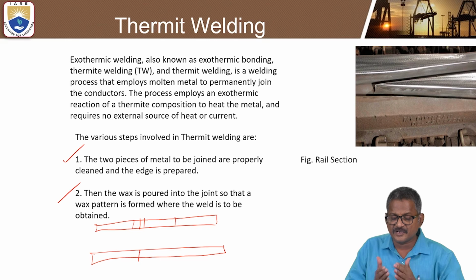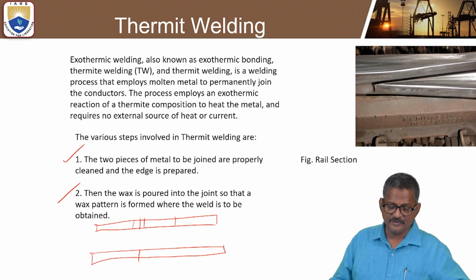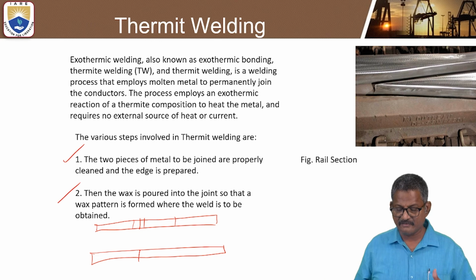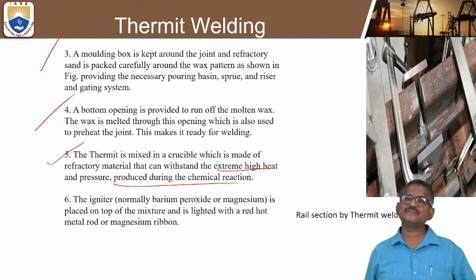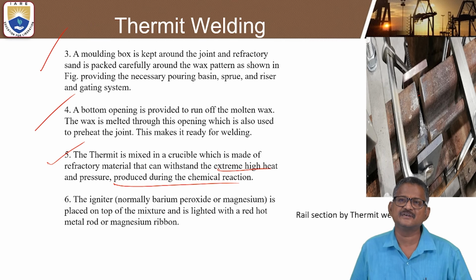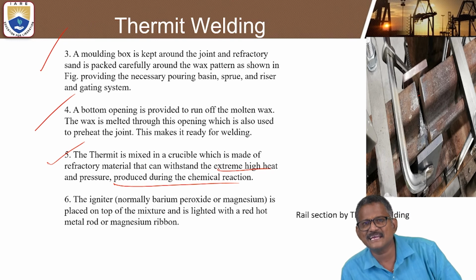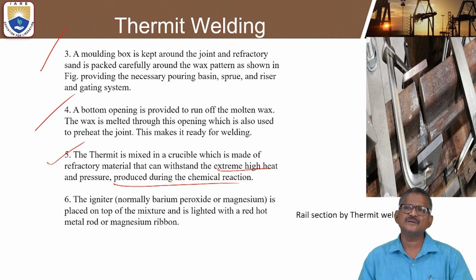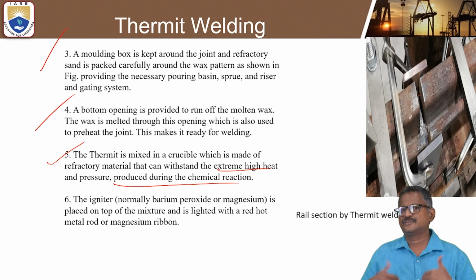Then wax is poured into the joint so that wax patterns are formed where the weld is to be obtained. Similarly, a molding box is kept around the joint, and refractory sand is packed carefully around the wax pattern as shown.